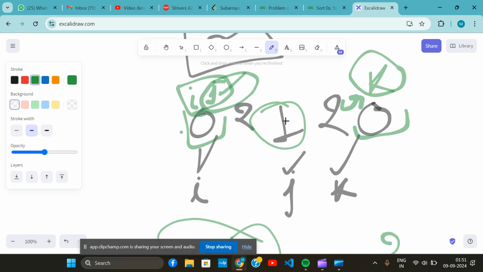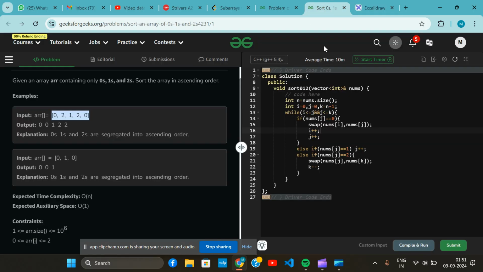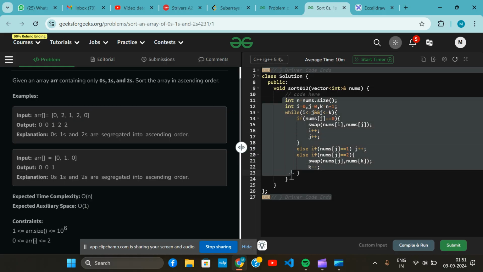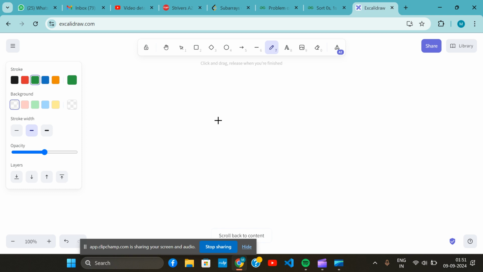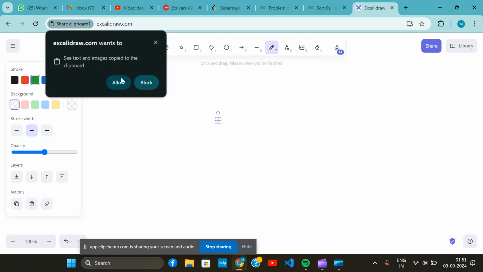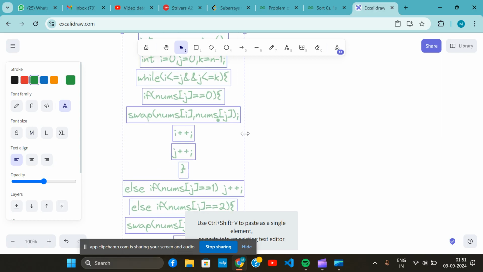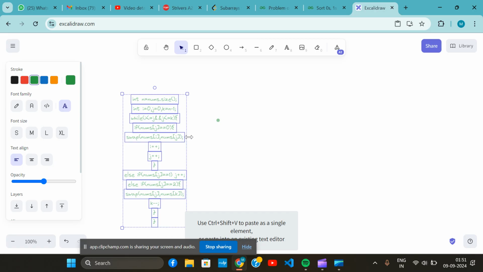Okay, so it is better if I explain it using the code that I have written here. Let me copy it here. Now, yeah, okay, the code is copied.